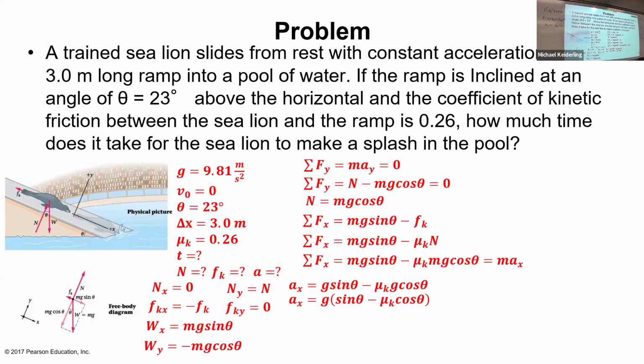So g times sine theta minus mu kinetic cosine theta. So 9.81 meters per second squared times the sine of 23 degrees minus 0.26 times the cosine of 23 degrees. And that comes out to 1.5 meters per second squared.